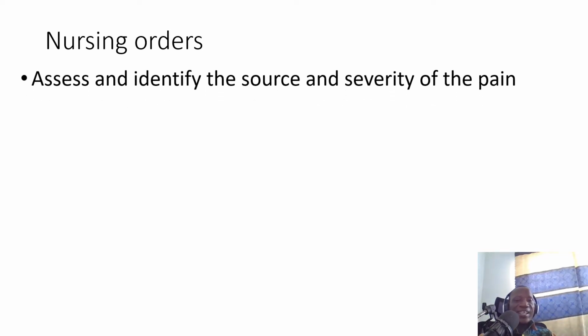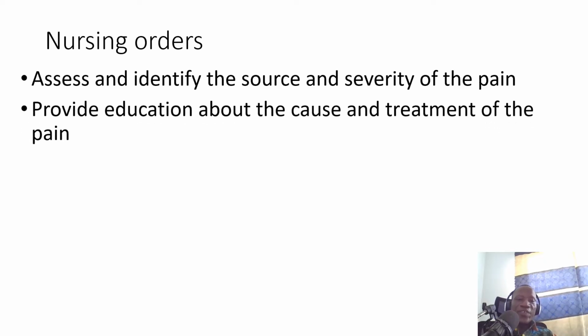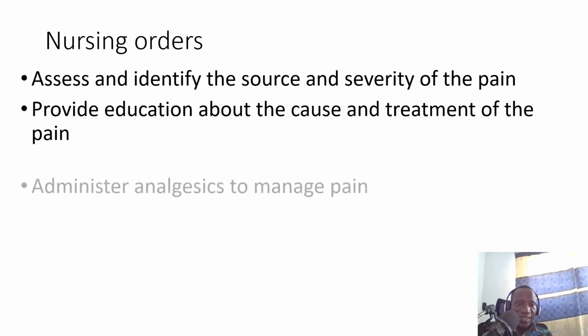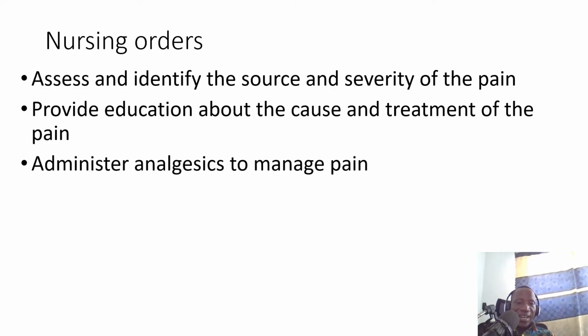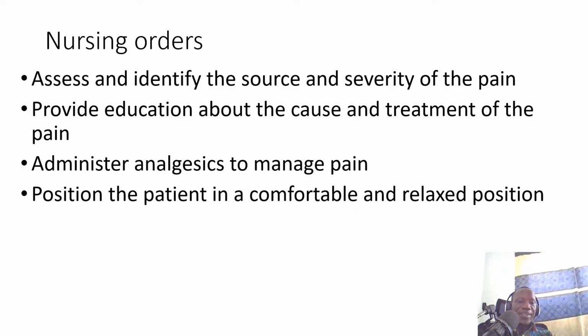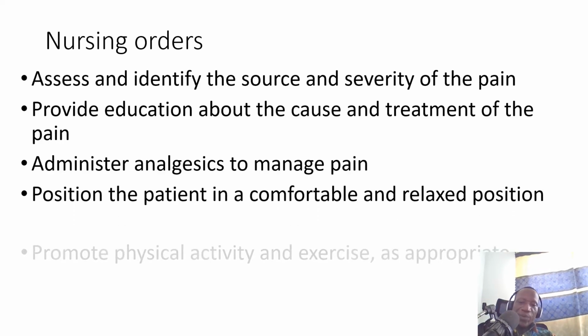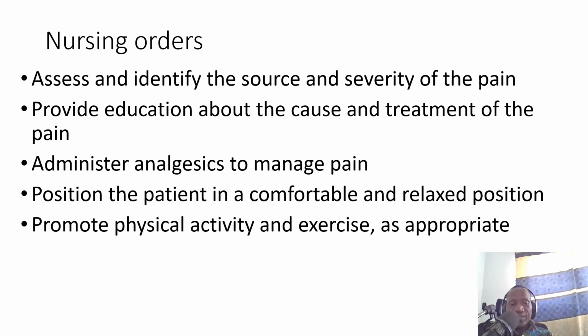So let's take, for instance, the nursing orders for pain. You assess and identify the source and severity of pain. That's the nursing order. Then you provide education about the cause and treatment of pain. That's an order. Administer analgesics to manage pain is another order. Position the patient in a comfortable and relaxed position, another order.